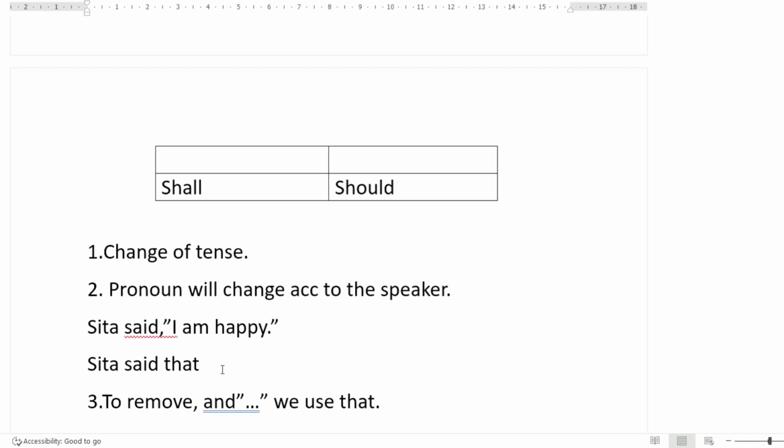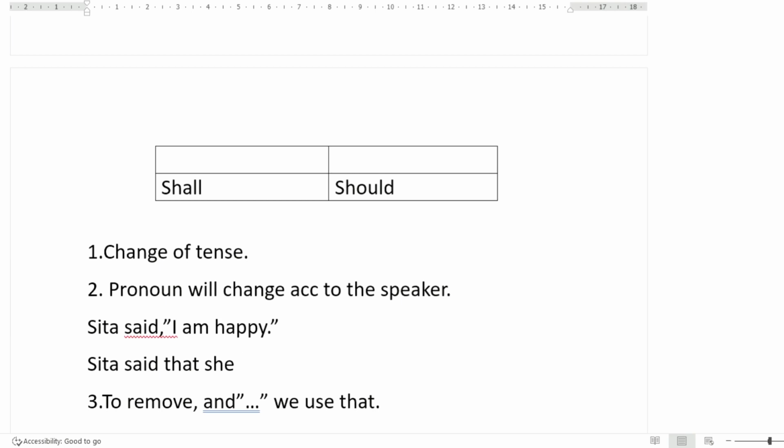Now, according to the second rule, the pronoun will change according to the speaker. Sita is the speaker. She is third person. She is not present. So, from I, it will change to she. And what was the first rule? Change of tense. This sentence was in present tense, so we will change it to past tense.